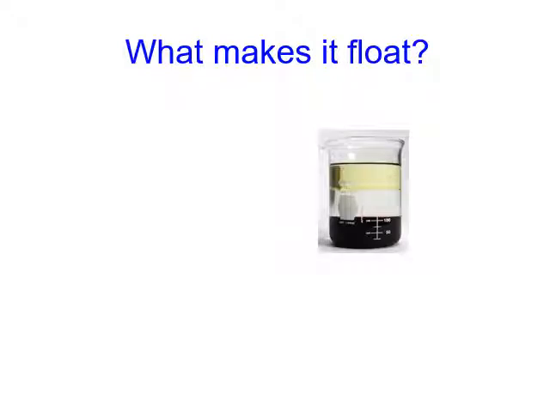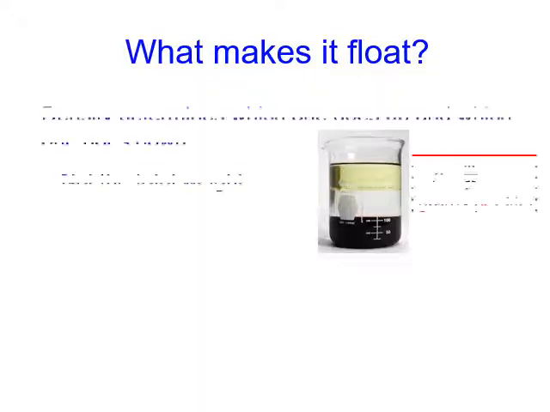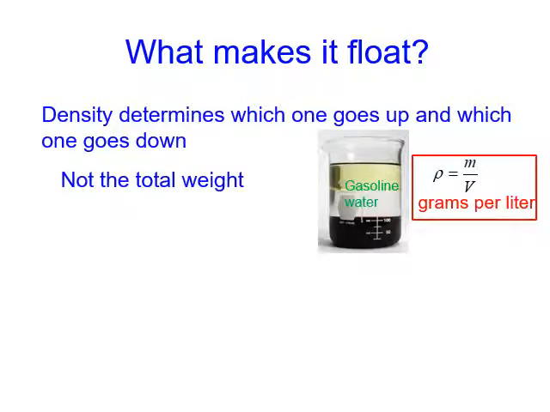If we have a container containing several liquids, the liquid that floats on the top is the one that has the lowest density, and the one with high density will go to the bottom. So density determines which one goes up and which one goes down, not the total weight.